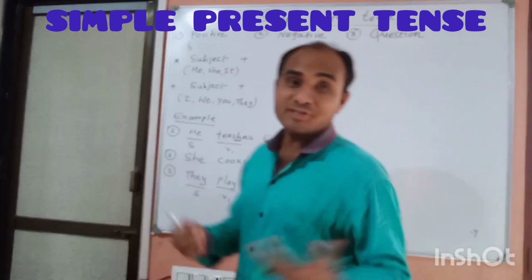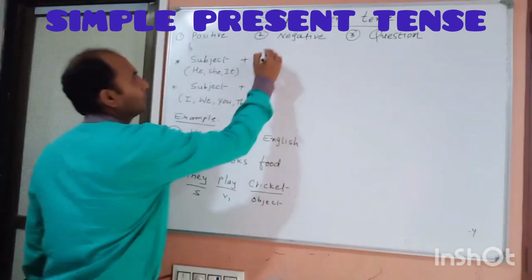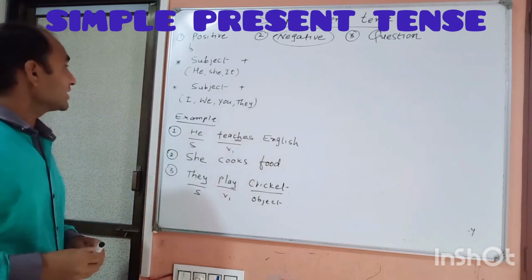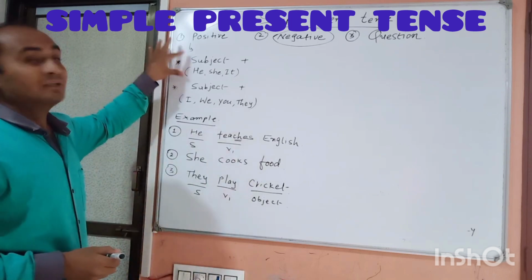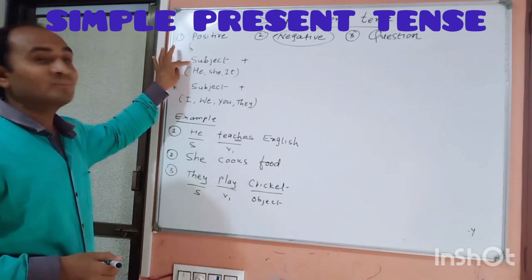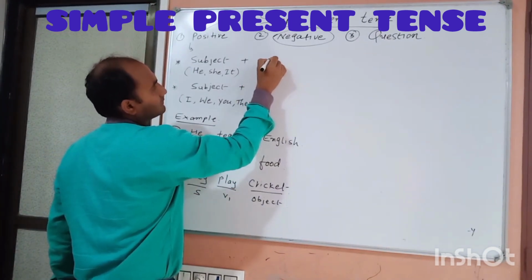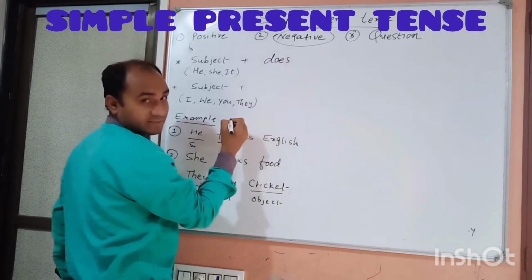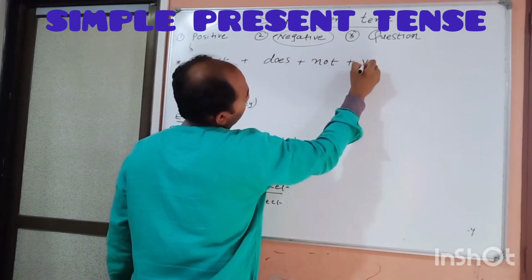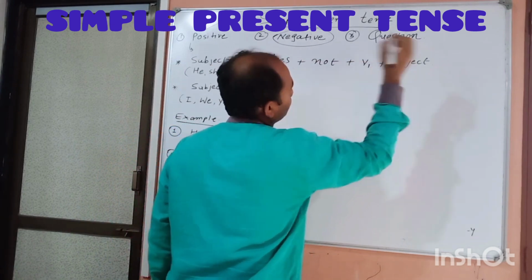Okay, positive structure we have already learned. Now we will discuss the negative structure. So negative structure, whenever third person singular is given, subject plus does plus not plus V1 plus object.